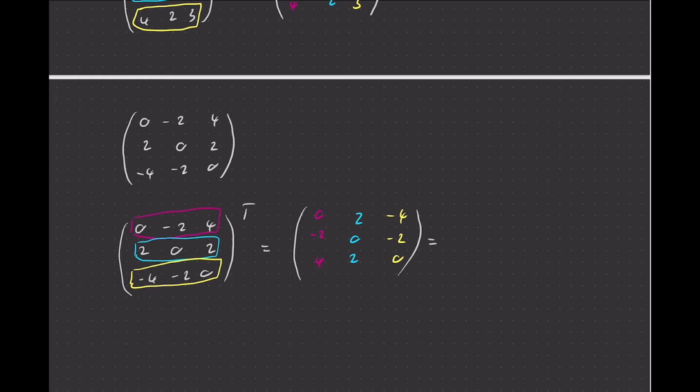And you notice that if we take out a minus sign here, then we get 0, 2, minus 4, minus 2, 0, minus 2, and 4, 2, 0. And that is exactly equal to the matrix that we started with. So this is an example for a matrix that is quadratic and skew-symmetric.